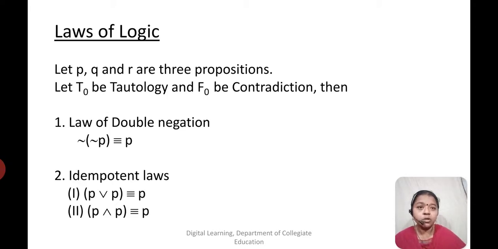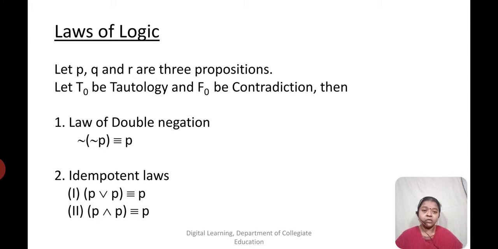Now next is laws of logic. Here there are certain laws which we will be using in solving problems in the future classes. Here we will be considering 3 propositions and they are denoted by P, Q and R. To simplify the laws, wherever we have a tautology, we are going to represent it by capital T naught, and wherever we have a contradiction, we will denote it as capital F naught.